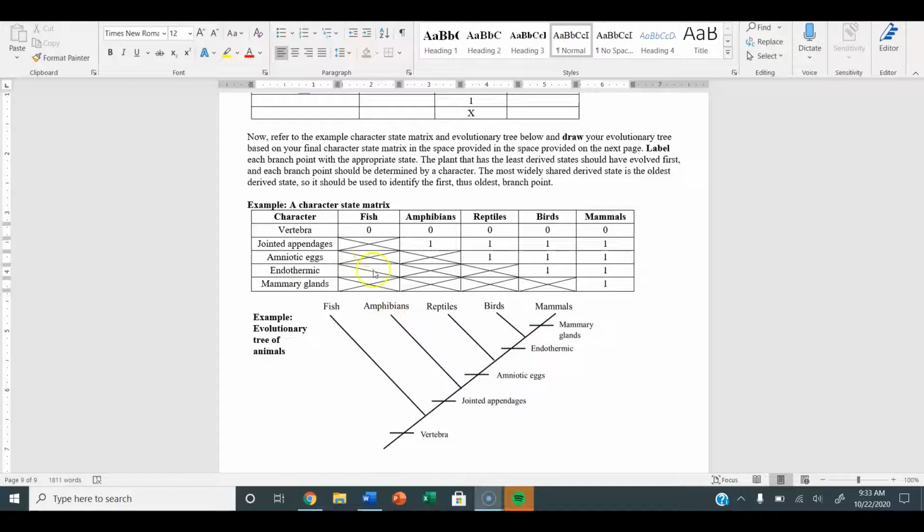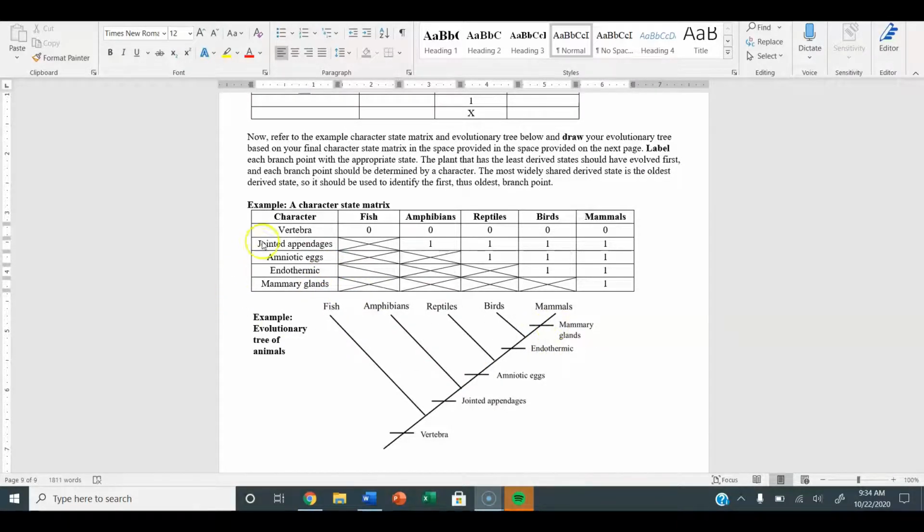Okay, the way that we plotted this is we looked at this character state matrix, and you draw your diagonal line, and then you're going to write your characters in order, because some of the manipulations that you're going to do with the land plants, you're going to put these characters in order. So you're going to put them in order from the least evolved: vertebrae right here, jointed appendages the next one, amniotic eggs, endothermic, and mammary glands, in that order.